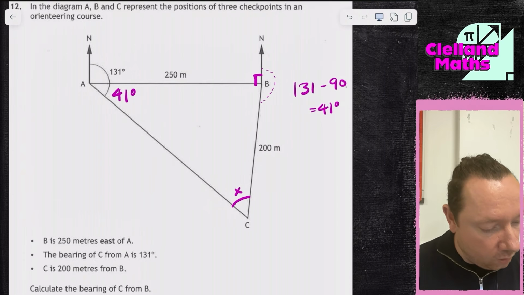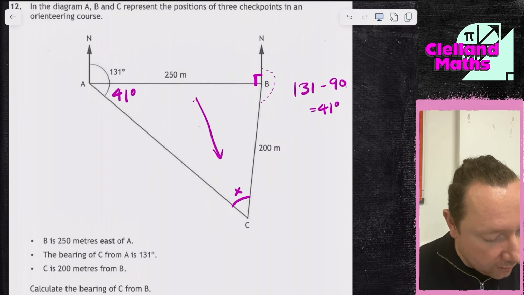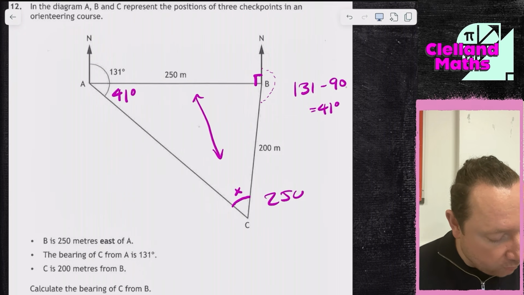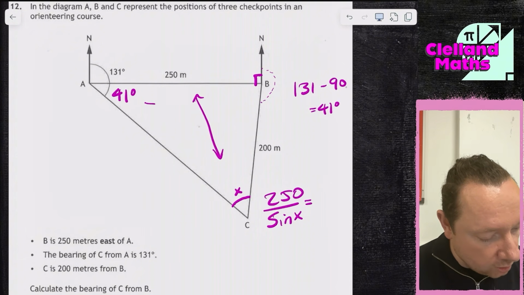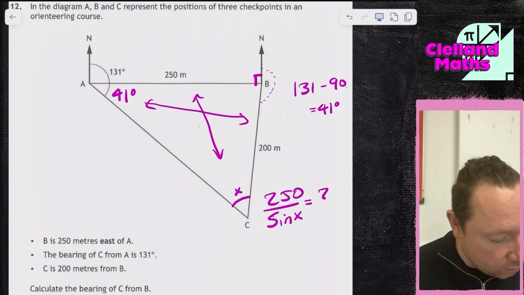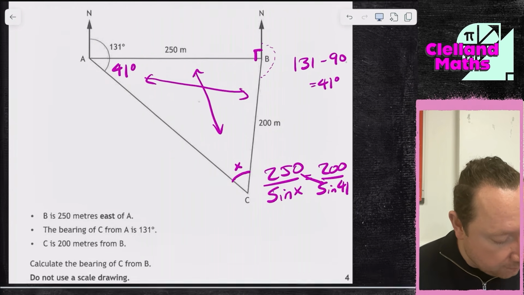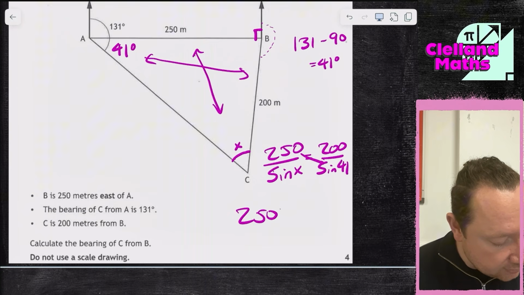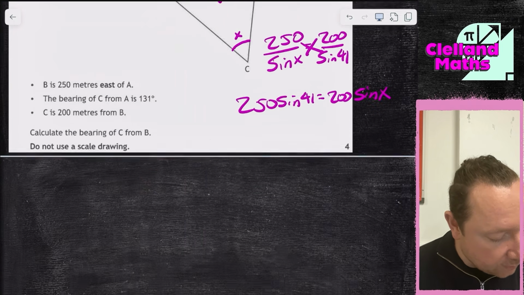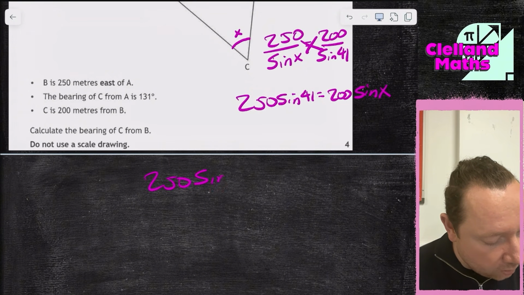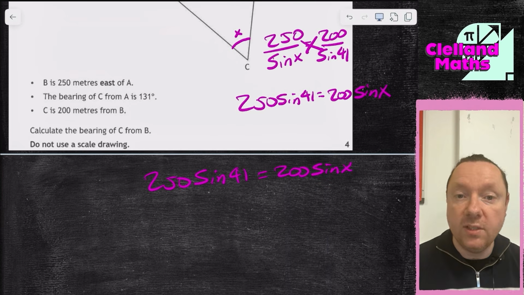So we have 250 goes with that one. 250 over sine X equals 200 goes with this one, 200 over sine 41. So we rearrange that. That times that: 250 sine 41 equals that times that, 200 sine X. And we write that again: 250 sine 41 equals 200 sine X. Divide by the number in front of sine.